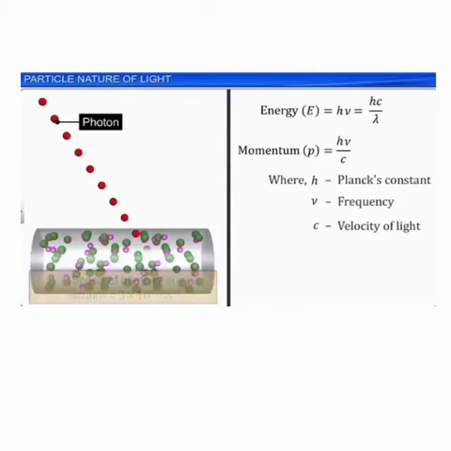All photons of light of a particular frequency, nu, or wavelength lambda, have the same energy and momentum, irrespective of the intensity of radiation. An increase in intensity of radiation of a given wavelength implies an increase in the number of photons crossing per unit area per second, as long as the frequency of radiation is constant.